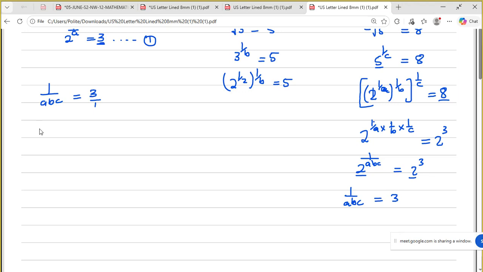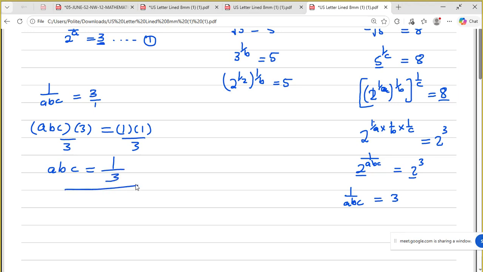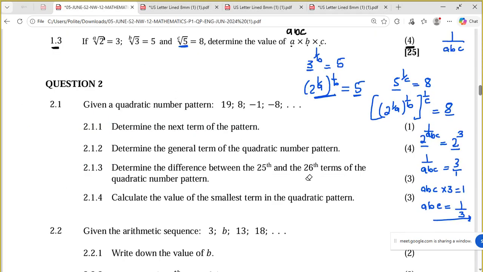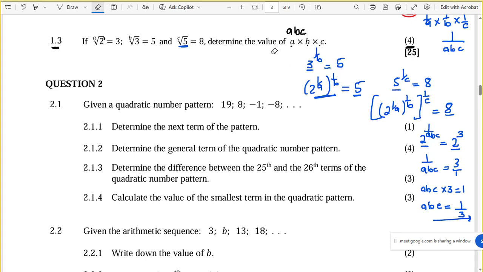So I'm going to cross multiply. So this will be abc multiplied by 3, equal to 1 multiplied by 1. Divide both sides by 3. This gives me the product abc to be 1 over 3. That's the answer, because the question said they want you to find the product of a, b, c.